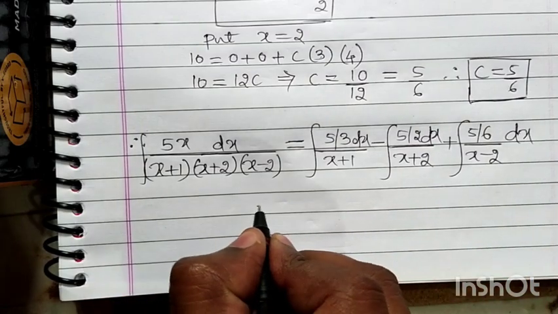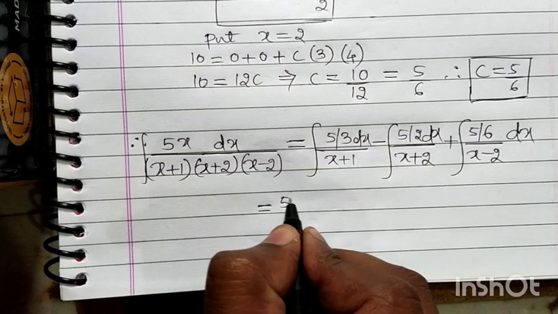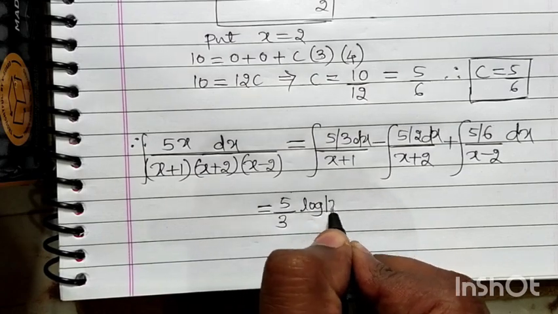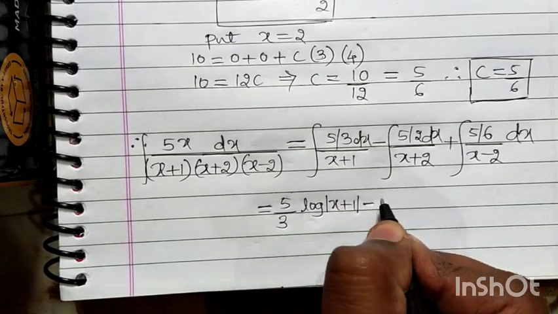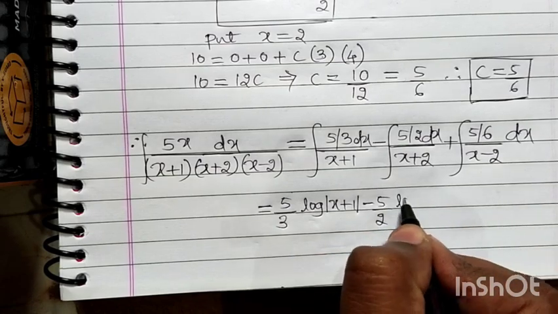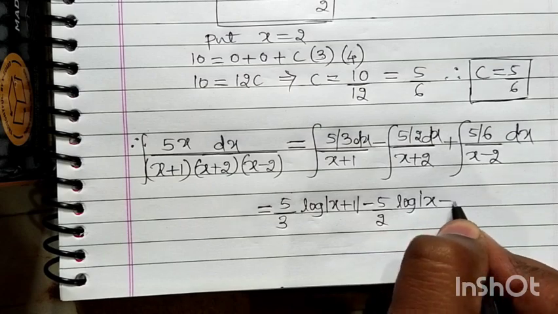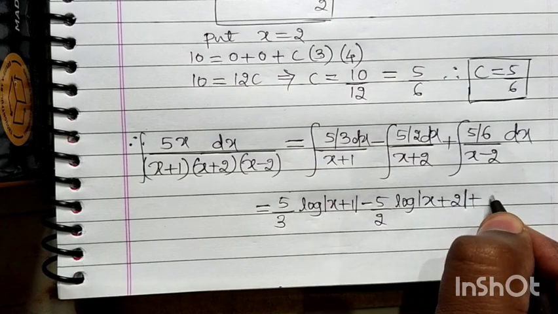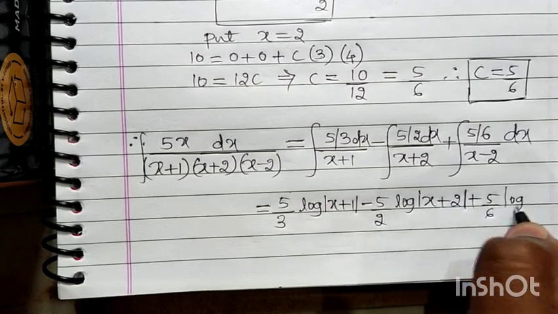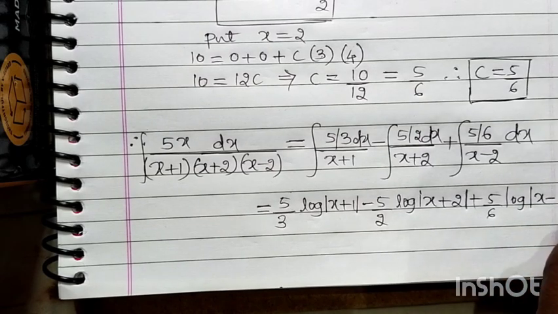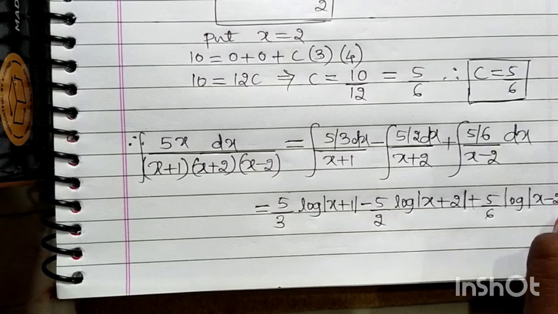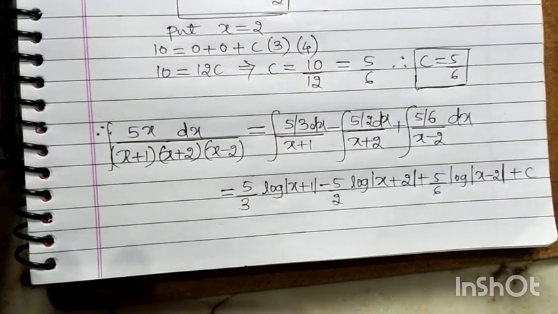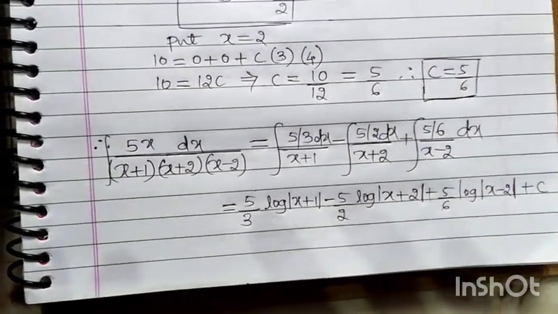So this is equal to 5 by 3, a constant, written outside, then the integration of dx by x plus 1 will be log mod x plus 1, then minus 5 by 2 log mod x plus 2, then plus 5 by 6 log mod x minus 2, plus C. So this is the final answer for the 11th problem. Pause the video to note it down.